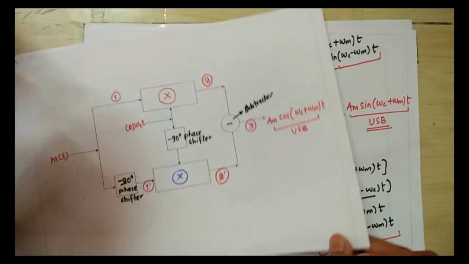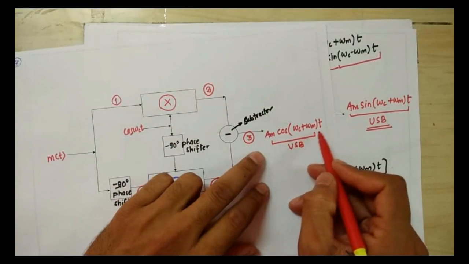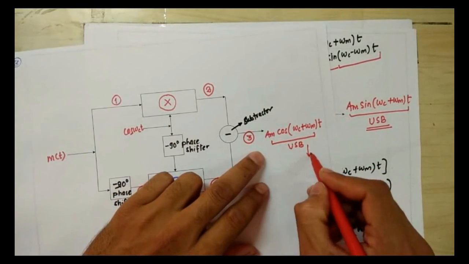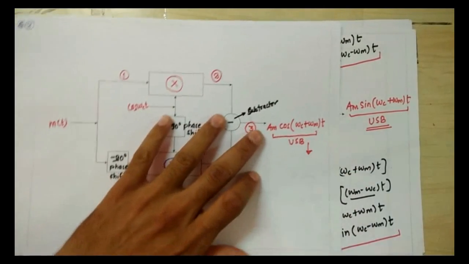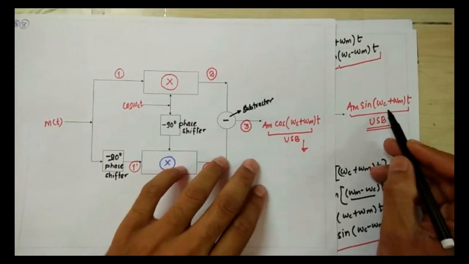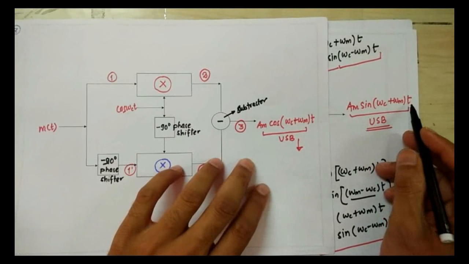You see the actual USB signal is AM cos of omega c plus omega m t. And here it is AM sin of omega c plus omega m t.